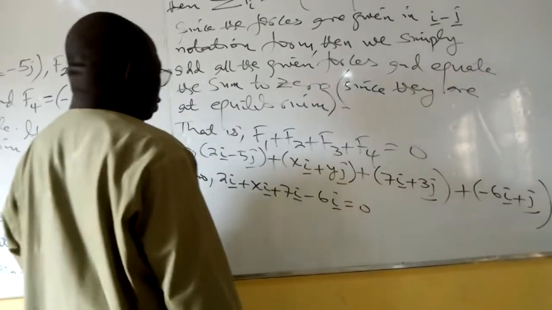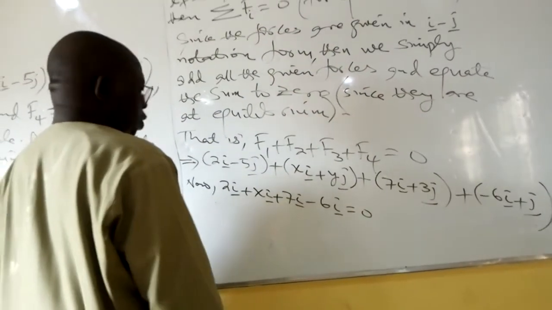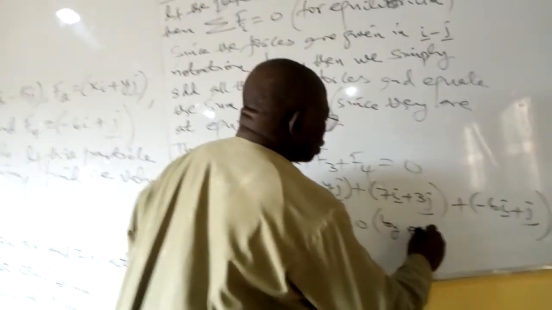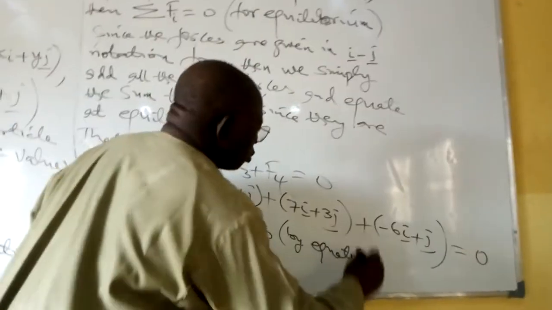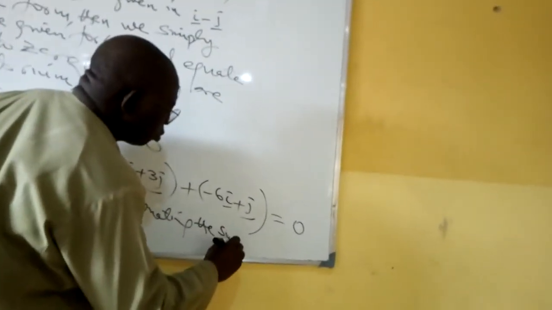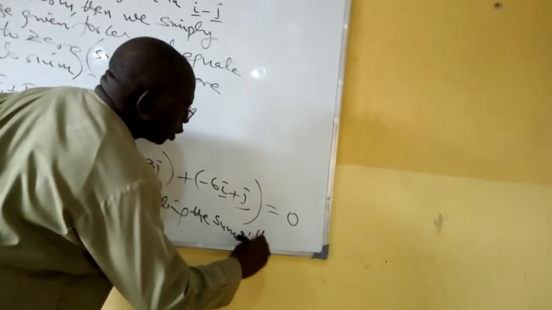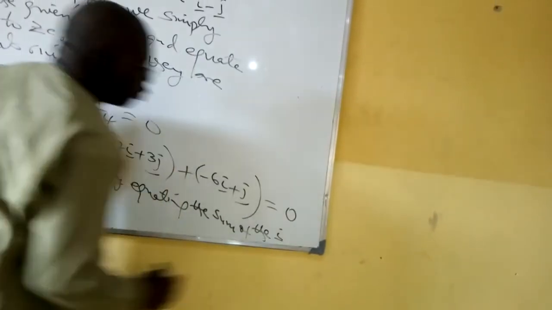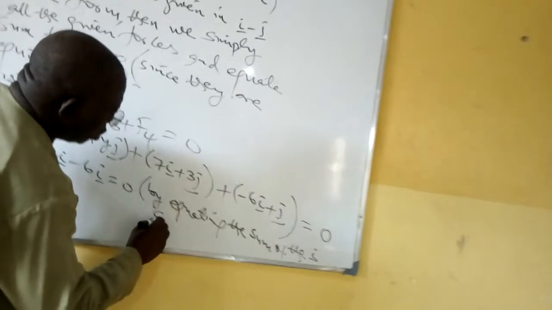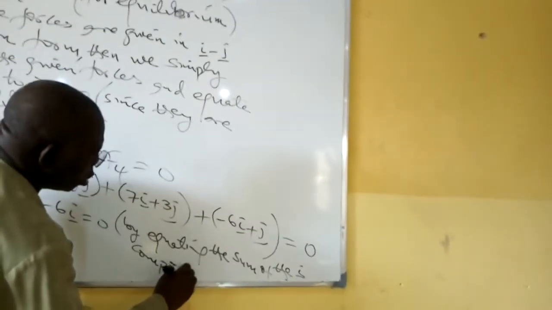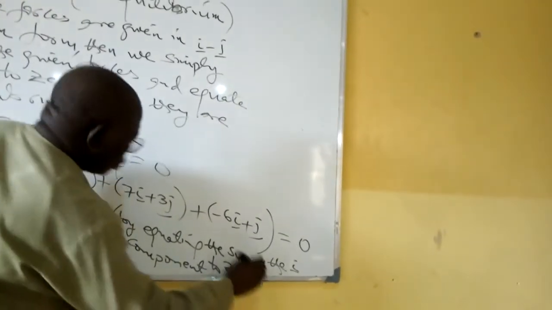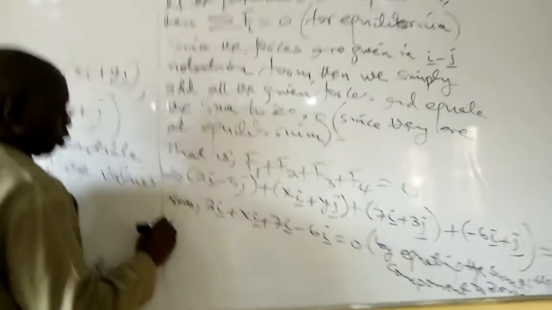That is equating the sum of the i component to 0.